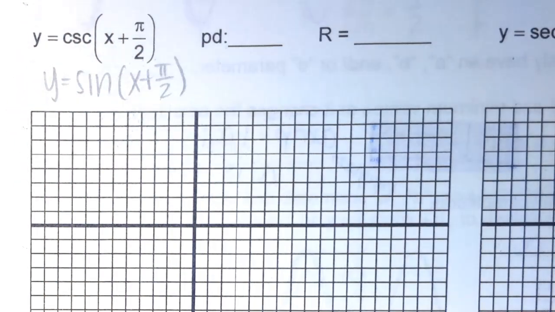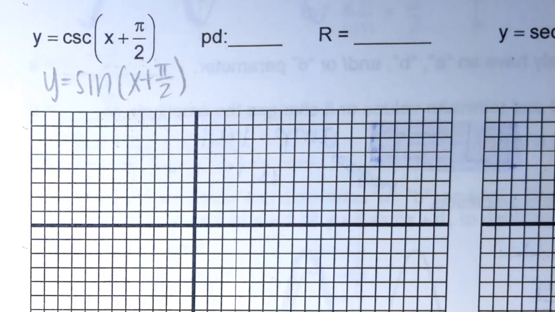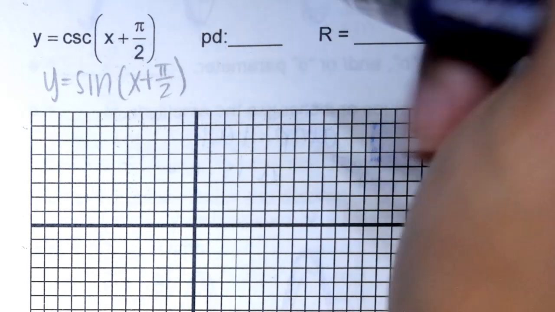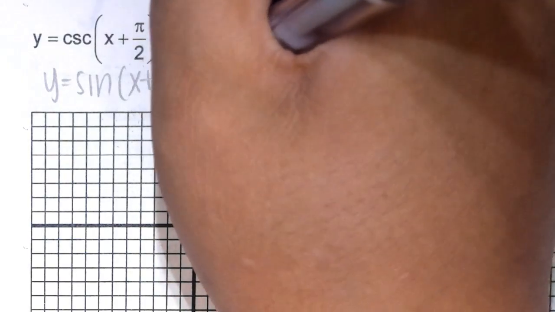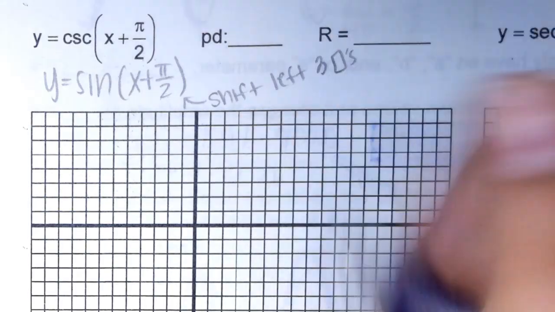Sine of x plus pi over 2. So graph sine of x plus pi over 2. What does that do? It's going to shift it left how many? Left 3 squares.